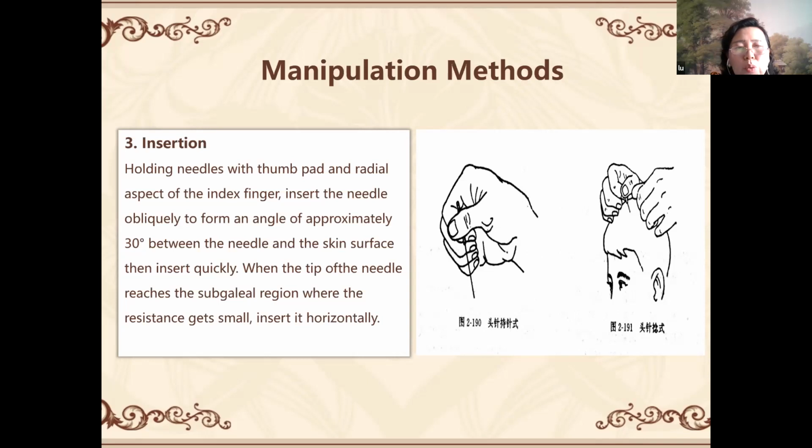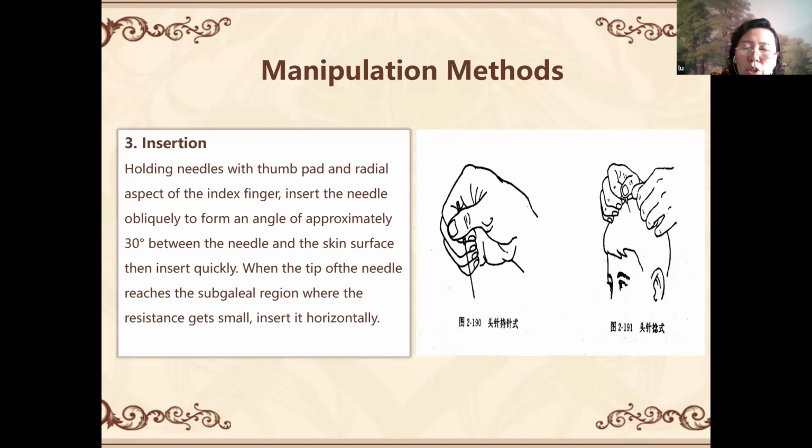So normally we insert the needle obliquely, forming an angle of about 15 degrees between the needle and the skin. If you feel it's difficult to twist the needle, it means that you didn't insert the needle into the exact area or exact depth.